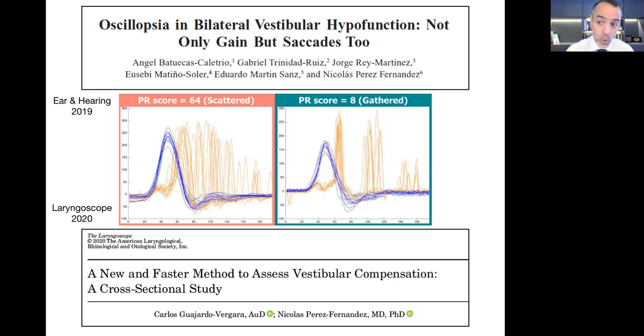Those guys do great research in Spain, and they just published this paper where they developed what we call the PR score. It's the Perez and Ray Martinez score. And this score is a way to calculate the behavior of the saccades. This score goes from 0 to 100, and when it's close to 0, it means that the saccades are gathering, and when it's close to 100, it means that the saccades are scattering.